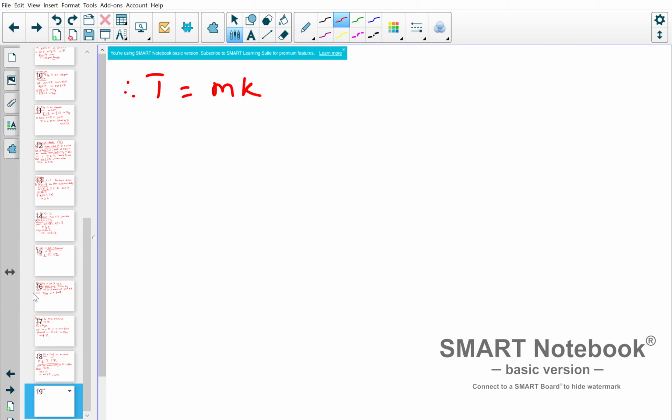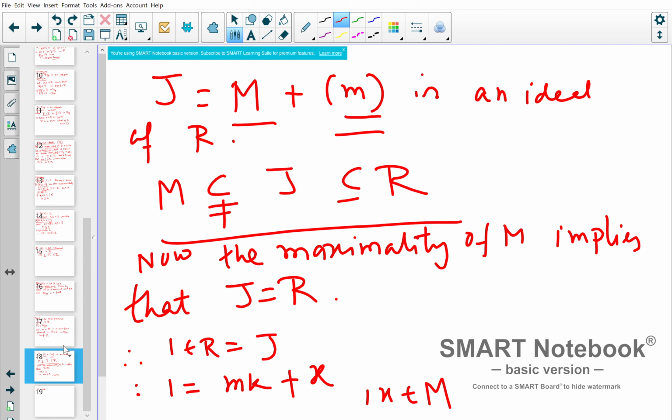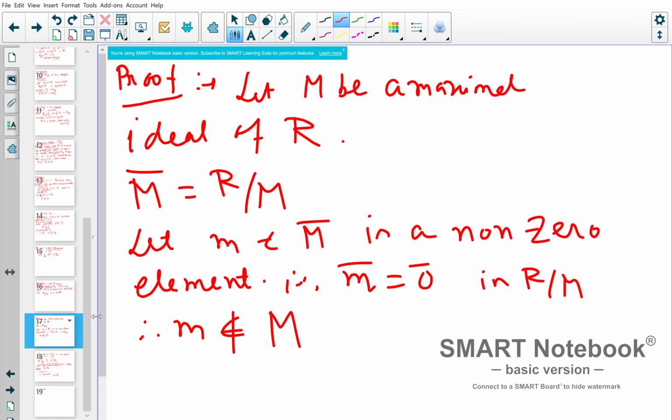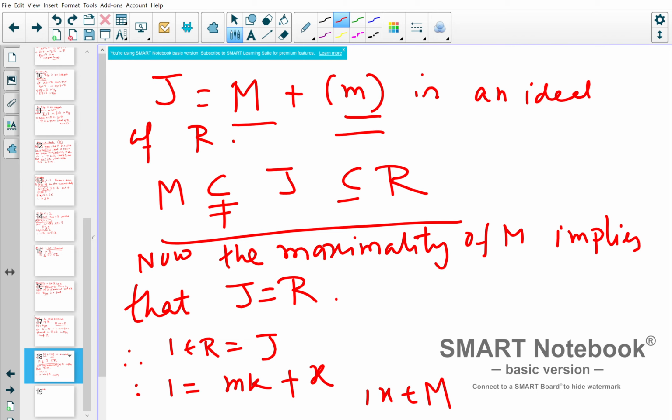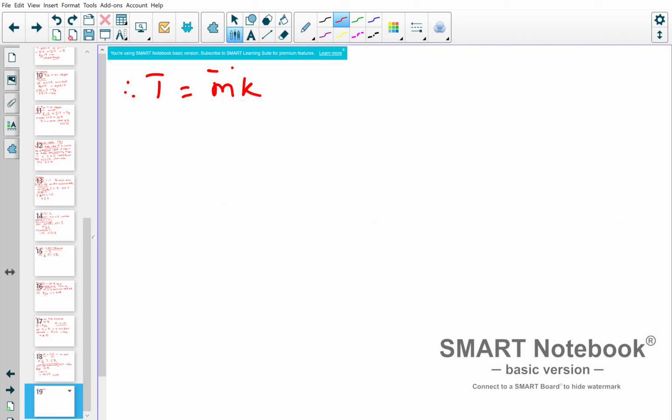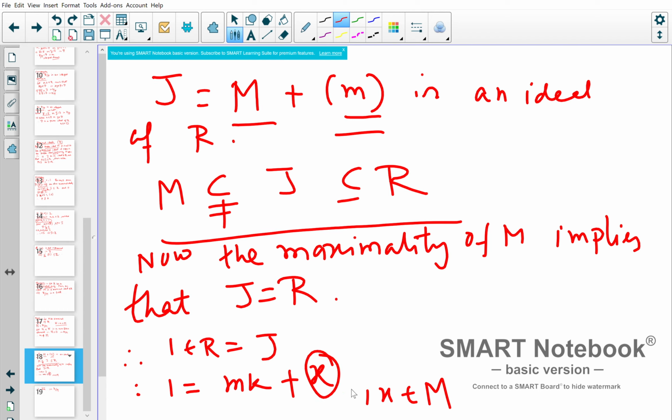I should say this is m bar actually, where m bar is nothing but m plus capital M. So this is m bar k bar, which is inside R mod M. What happens when you go modulo M is that x vanishes because x is an element of M. So the only thing remaining is 1 bar equal to m bar k bar, right?